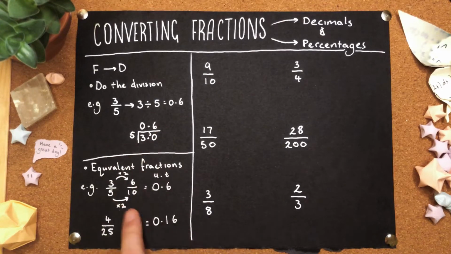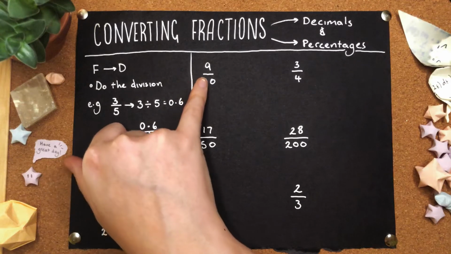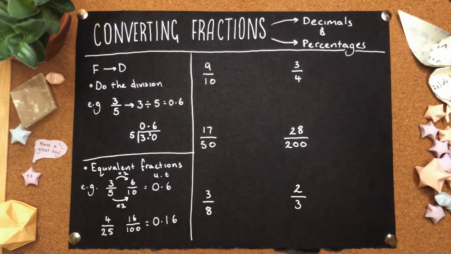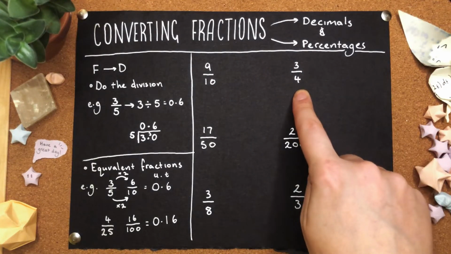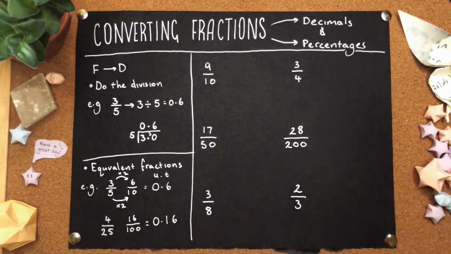So for the equivalent fractions method, I would use that for this one, and this one. And I would do the division for this one, and this one. Although you could use the equivalent fractions method for this one as well, that's just personal choice. So have a go at it, pause the video and check back in a second for the answers.